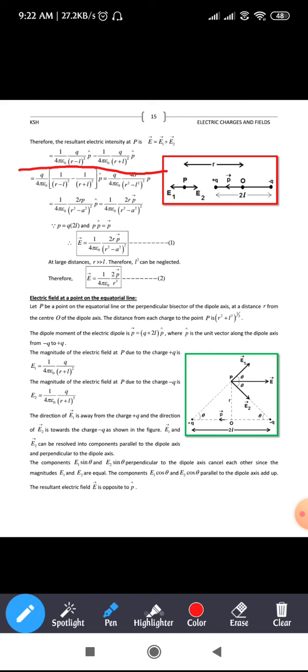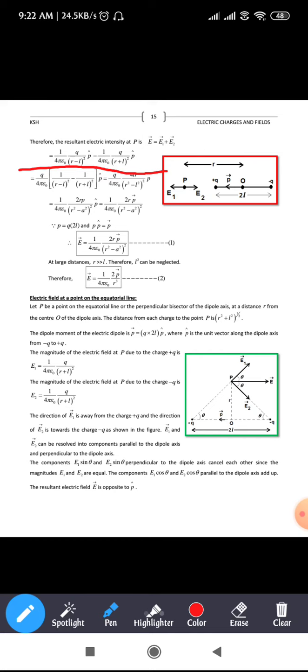Since the electric field at the point P due to the negative charge is a minus, it becomes negative here. The resultant electric field is E equal to E1 plus E2, so instead of plus, it becomes negative itself.